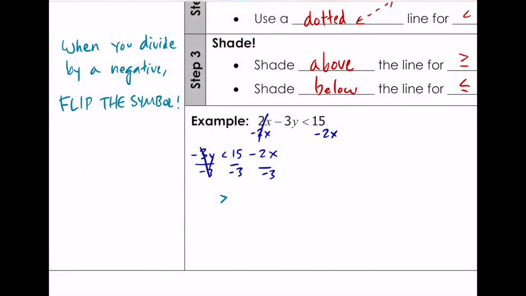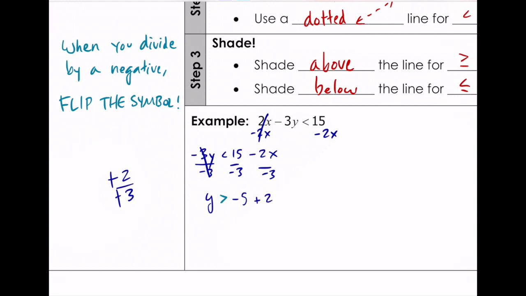So the negative 3's go away, and we have y now is greater than 15 divided by negative 3. Well, that's just negative 5. And then we have negative 2 divided by negative 3. I have a negative being divided by another negative. That just turns into positives here.